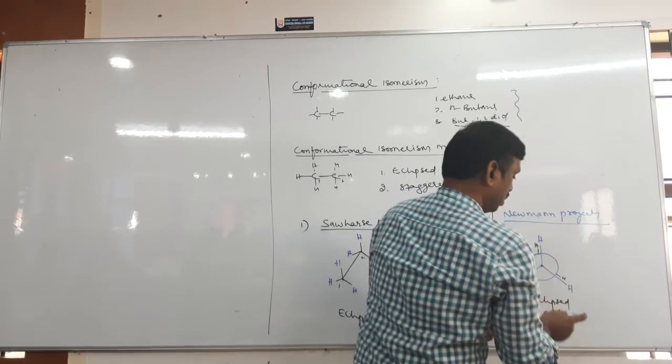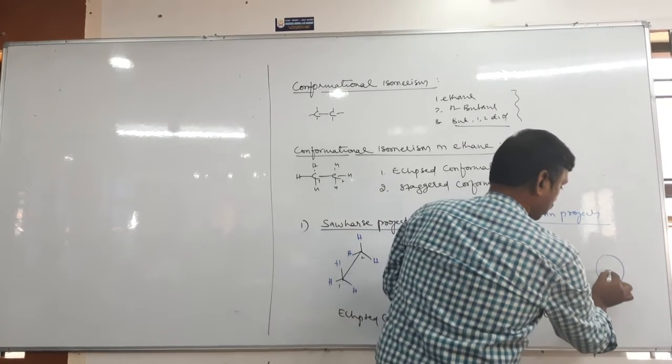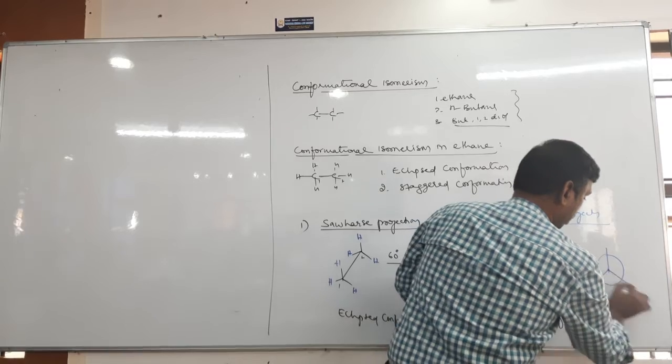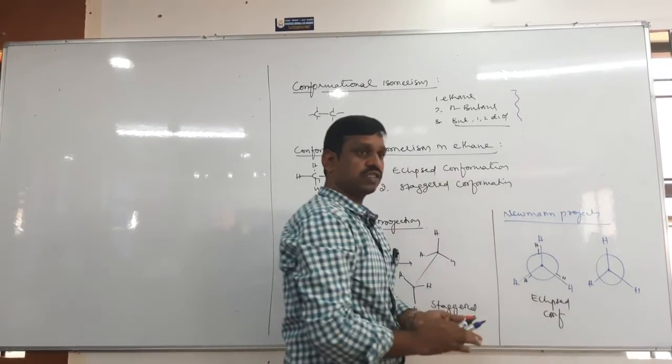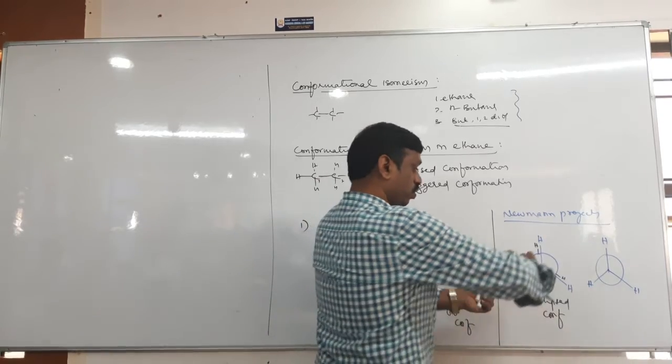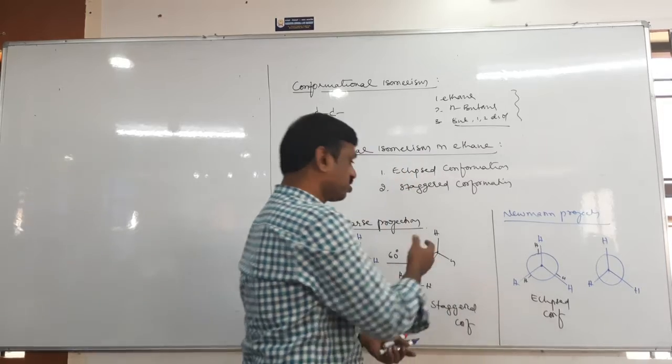Next, let us take the circle as the back carbon and the dot as the front carbon. Keeping the front carbon constant, okay, don't disturb the front carbon, rotate the back carbon to the right side. How many degrees? Rotate the same 60 degrees.